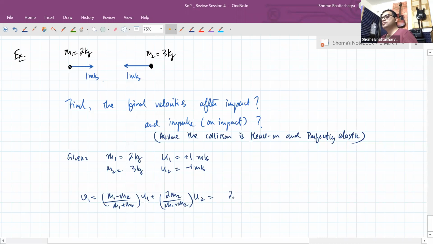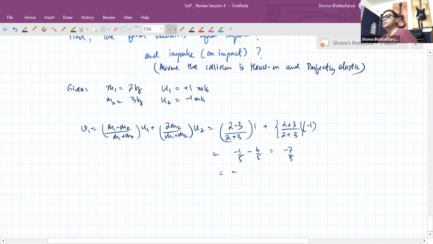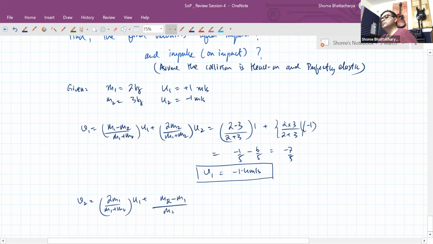So this becomes the final velocity of the first particle, and the final velocity of the second particle will become, so substituting the values.